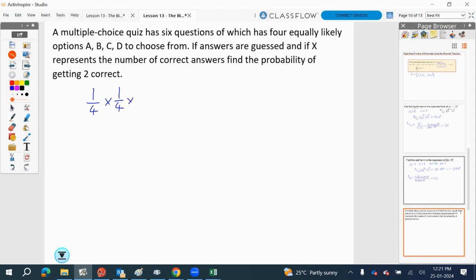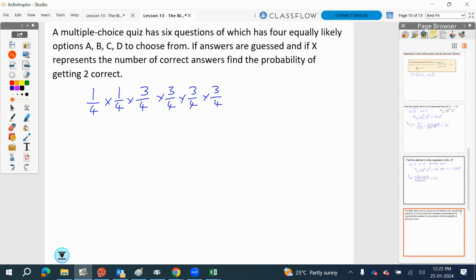What's the probability of getting any question wrong? How do we get the 3? 3 remaining options, 3 wrong options. What's the probability of getting another one wrong? Again. And then another one wrong. And then another one wrong.